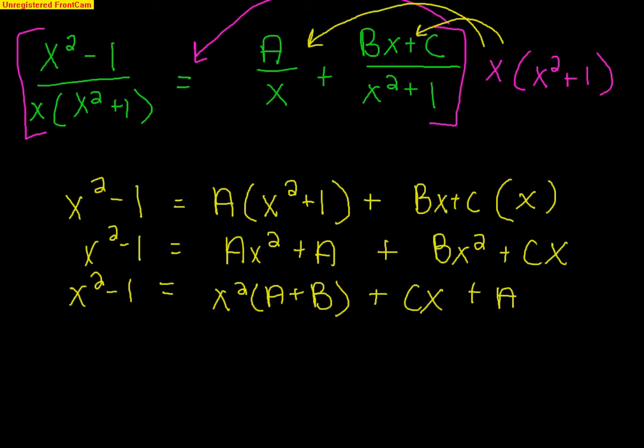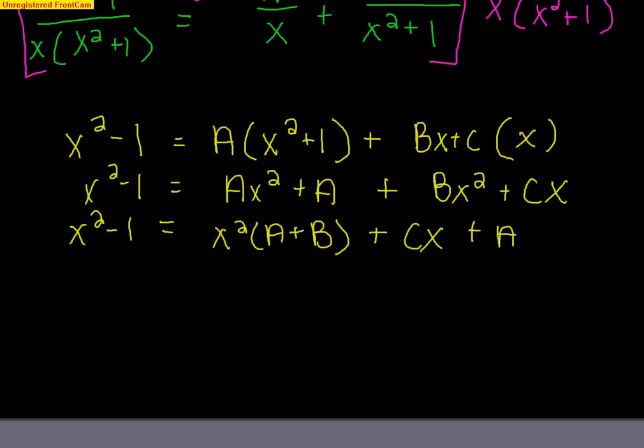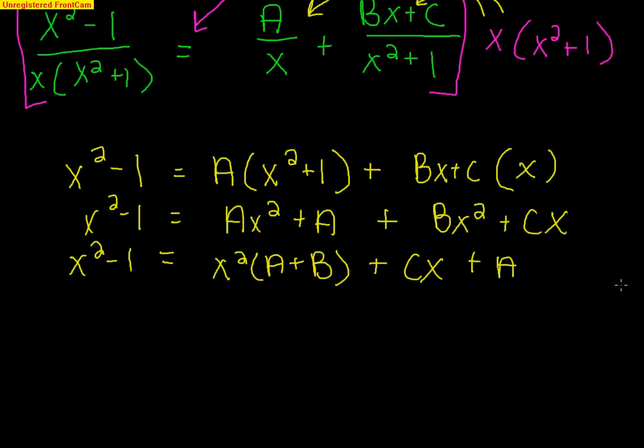Okay, so now we're going to set it up into linear equations. We are going to write it like this. There's a term over here that's an x squared, and a term over here with the x squared, so you can write a plus b equals 1, because there's a 1 in front of the x squared.